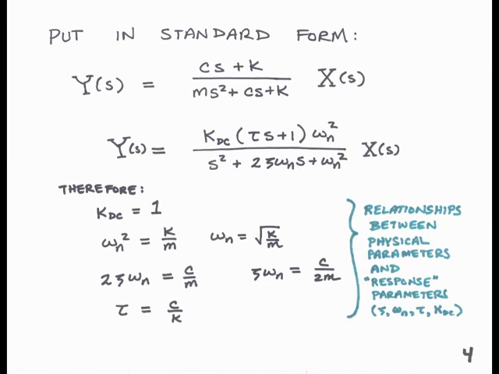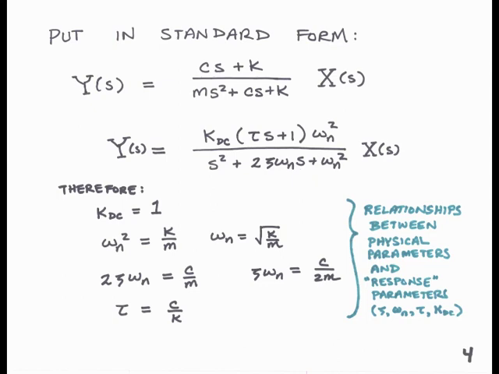Now the parameters in our standard form can be related to the physical parameters c, k, and m through the following relations. The DC gain, of course, is 1, and the natural frequency omega n is equal to the square root of k over m. We can find zeta from the equation zeta omega n equals c over 2m.